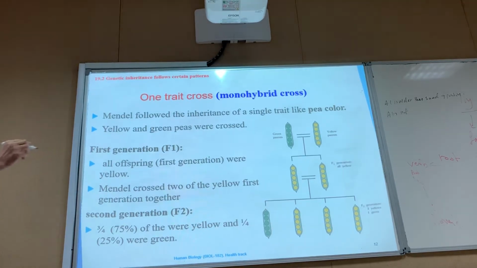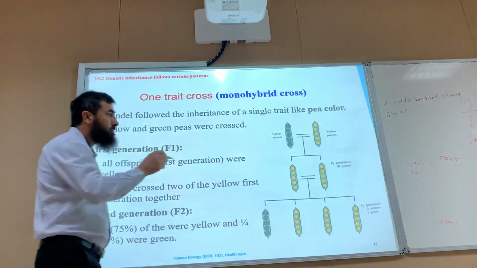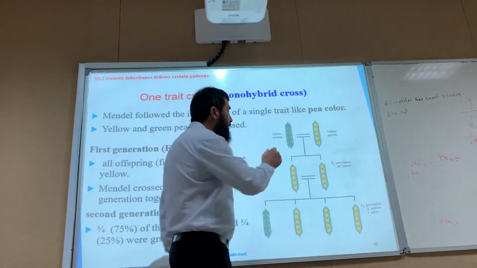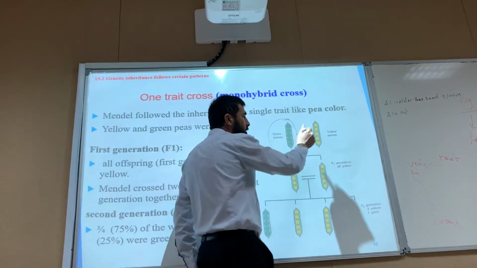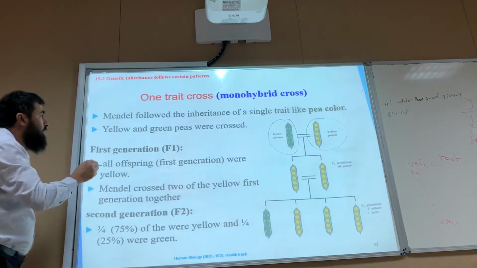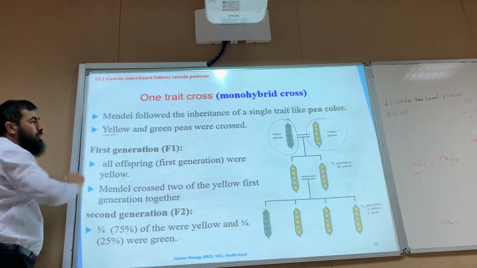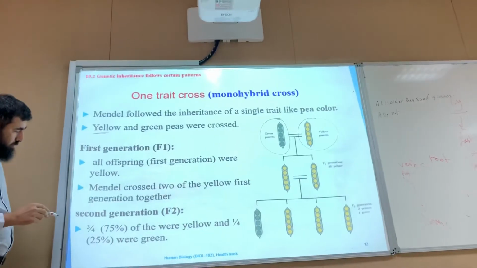Now, as I said, he used purebreds. So in the first cross, the parents are purebred, pure green or pure yellow. So yellow and green purebreds were crossed.